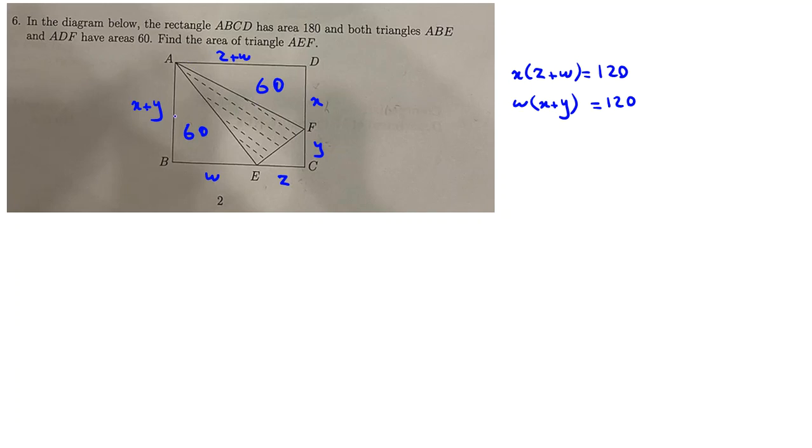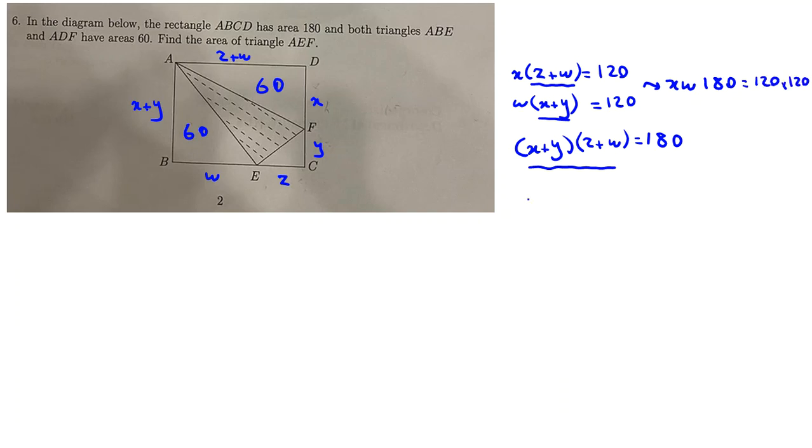Because the area of the rectangle is 180, we understand (X plus Y) times (Z plus W) equals 180. Now if we multiply these two things, we have on the left side XW times (Z plus Y) W times (X plus Y), which is equal to this, so 180 times XW equals 120 times 120.